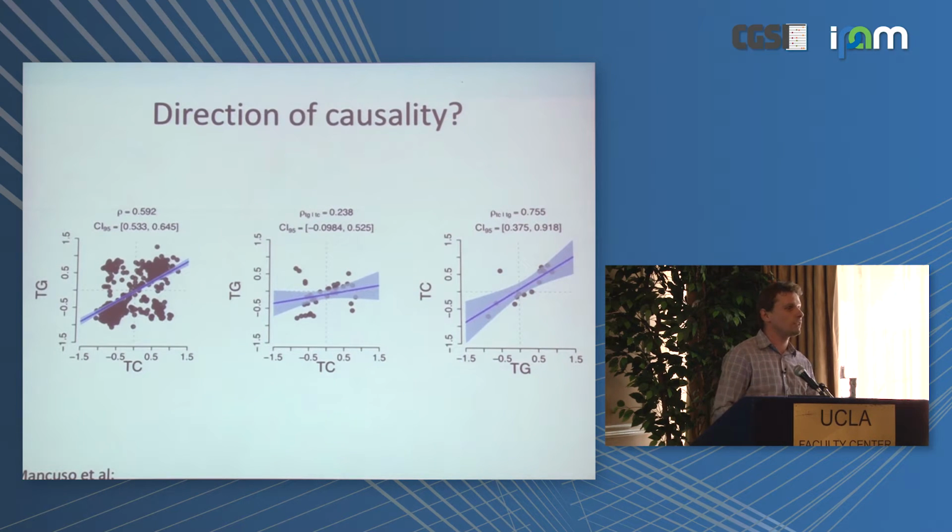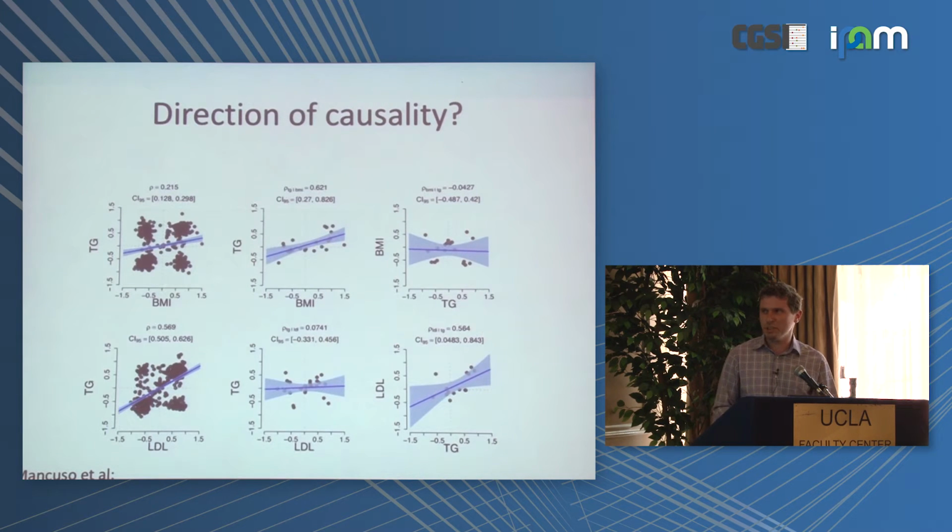Which is obviously not really interesting. We knew that up front, but can we apply it to other things? The short story is that yes, when we're diving through these things, Nick is trying to investigate all these. There are a lot of questions here about multiple testing and so on and so forth, but we do see evidence of BMI causally impacting triglycerides, or triglycerides impacting LDL, and a bunch of others, which we're trying to understand further.